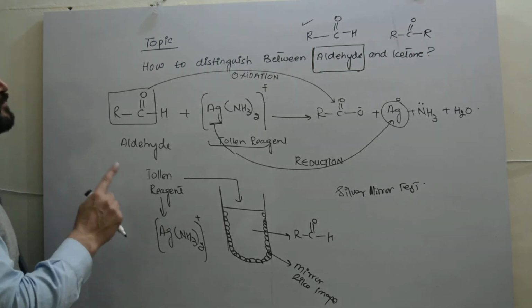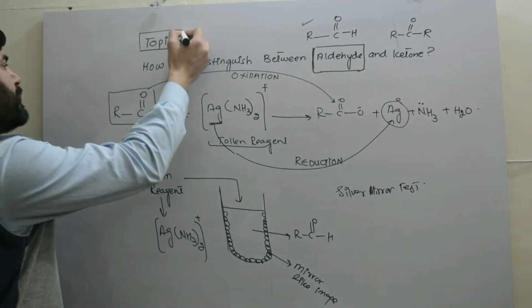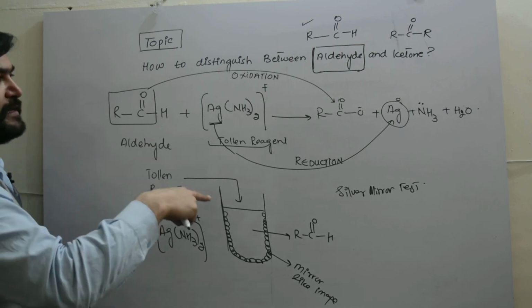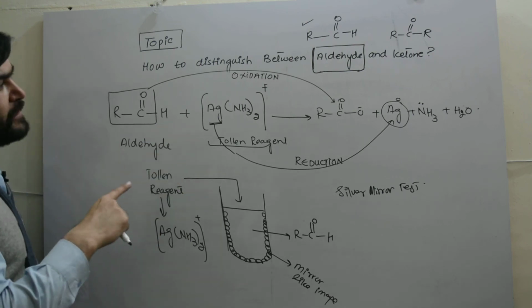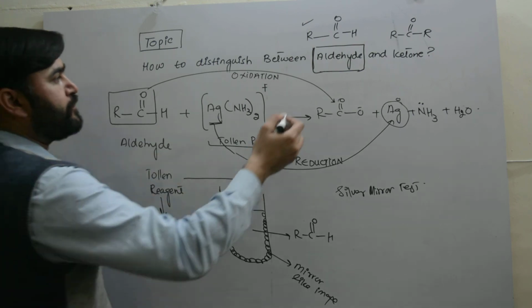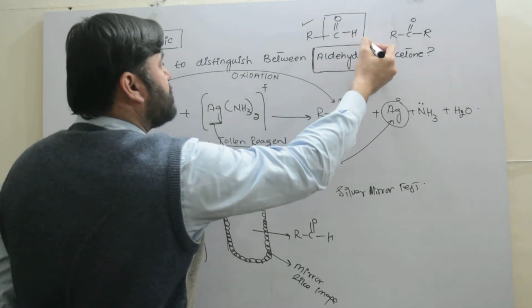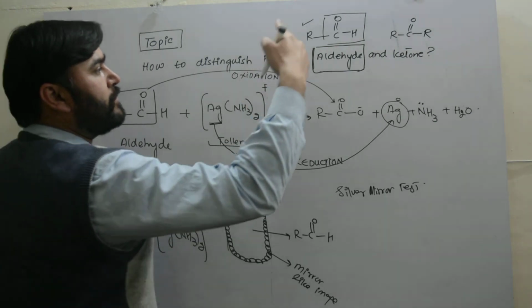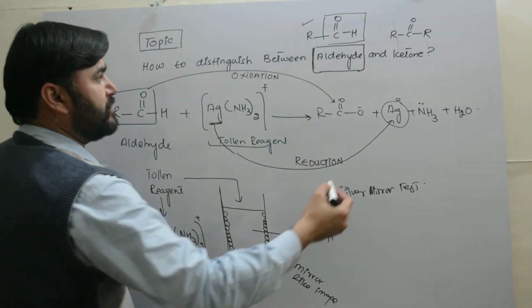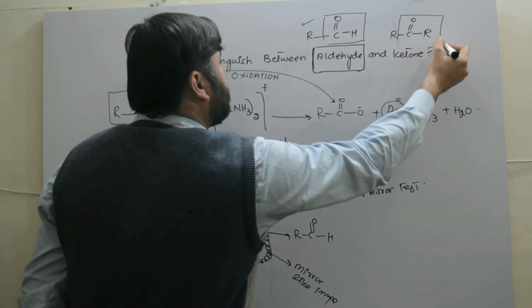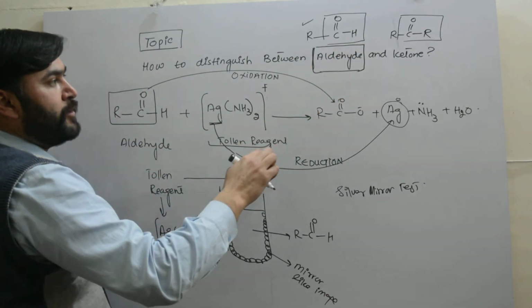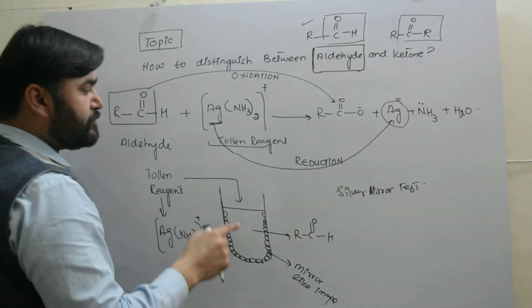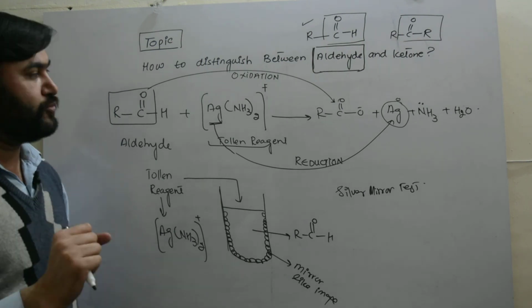So the topic is very easy. The topic was how to distinguish between aldehyde and ketone. Aldehyde has RC double bond OH, and ketone has RC double bond O with R. These can be distinguished easily from the formula, but whenever both are present in the form of a solution, you cannot distinguish them.